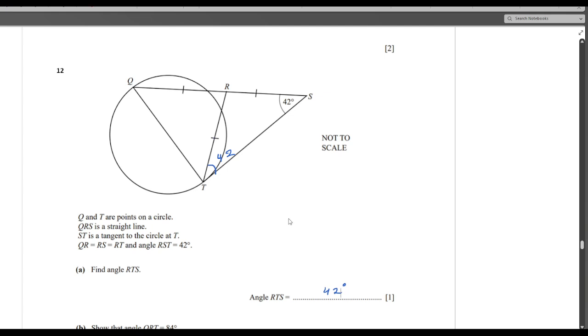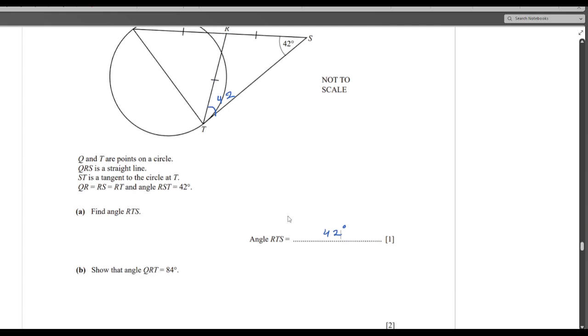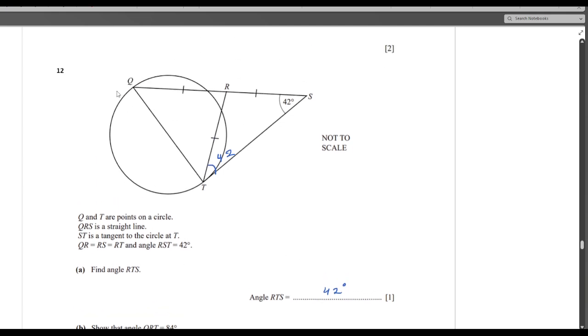Okay. Again, show that QRT is 84. QRT. So this angle, using the exterior angle property, is the sum of these two opposite interior angles. 42 plus 42 is 84.